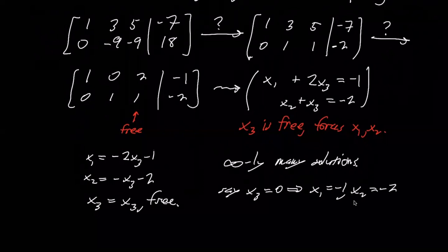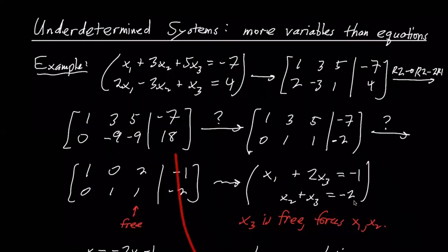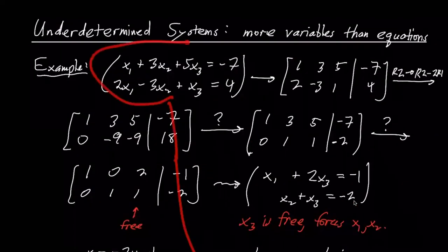So that gives the solution -1, -2, 0. You can check that if you plug it all the way back in to the original equations, that does work. Those do fit the equations.